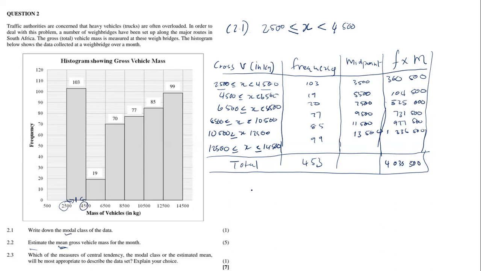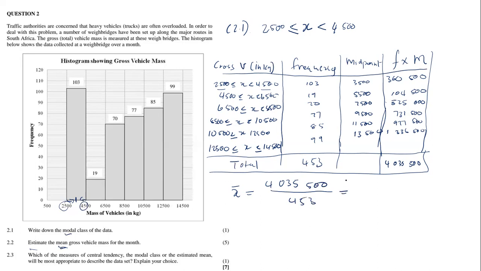Now, the estimated mean: you added your frequency multiplied by your midpoint, which is this. You're going to divide by the total number of the frequency. Therefore, the estimated mean in this case will be equal to 4,035,500 divided by 453.